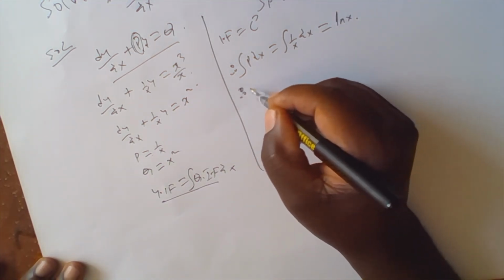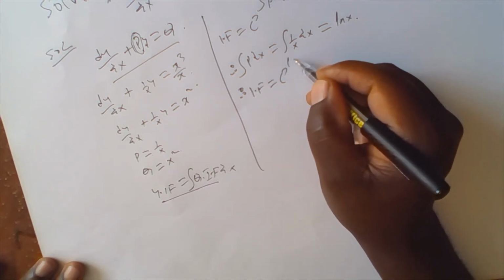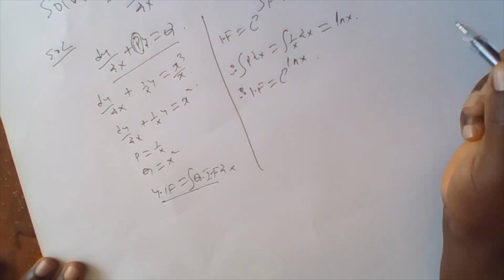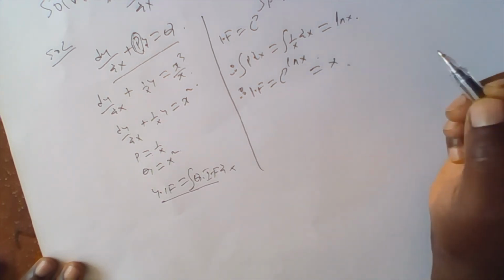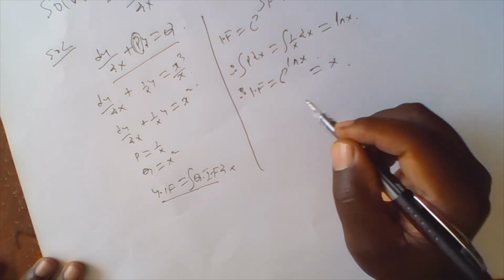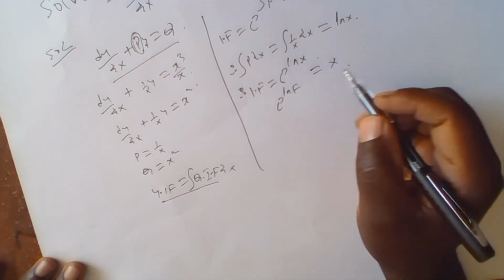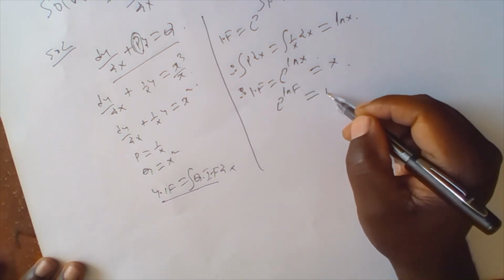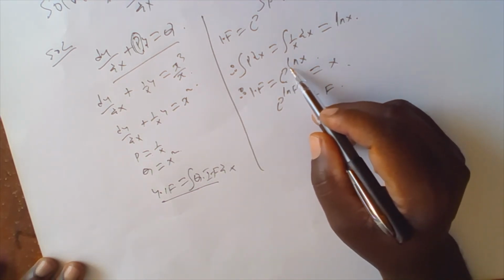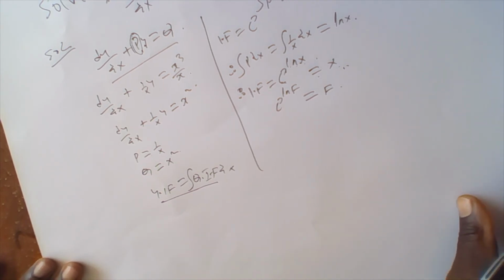Therefore the integrating factor equals exponent ln of x, which equals x. Remember, exponent ln of x equals x because exponent ln of a function will always be equal to the function itself. Therefore, exponent ln of x will be equal to x.